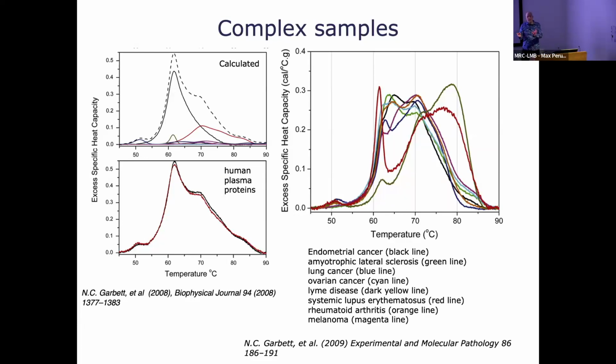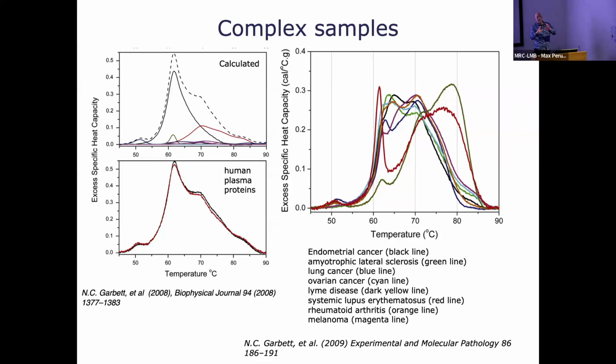And what they find for individuals is that these traces are pretty much the same if you average over them. But what was very interesting, and I think this is what they're developing, is that in diseases, on the right-hand side here, you get different profiles, and different diseases have different characteristic traces.